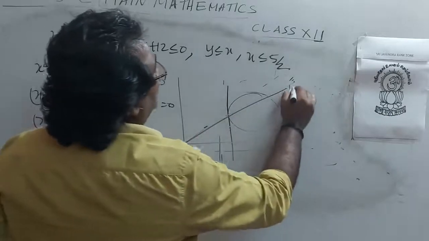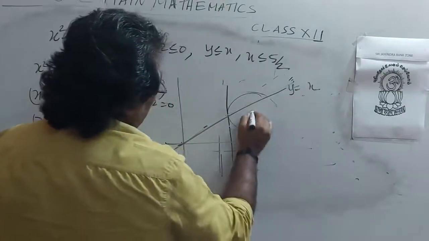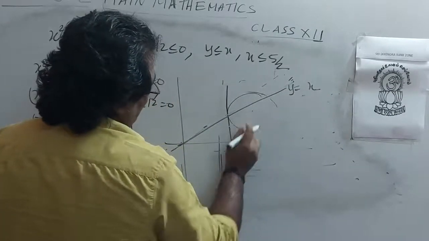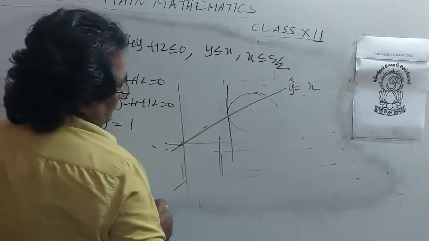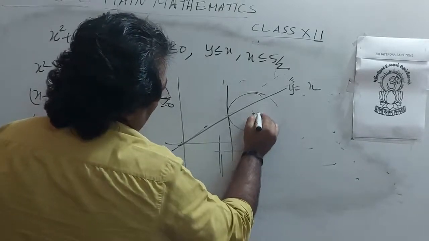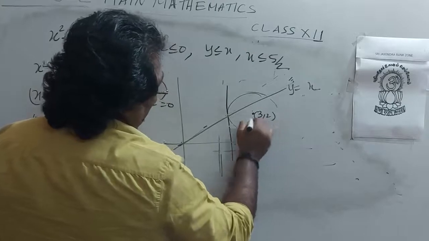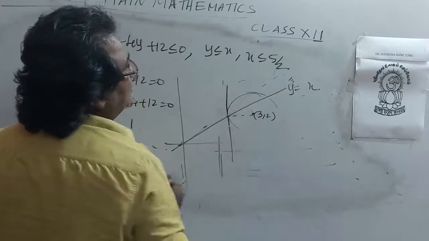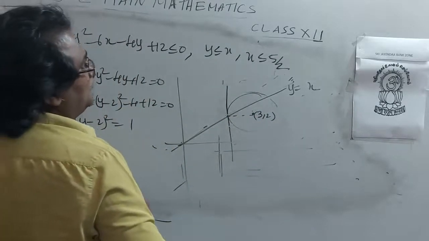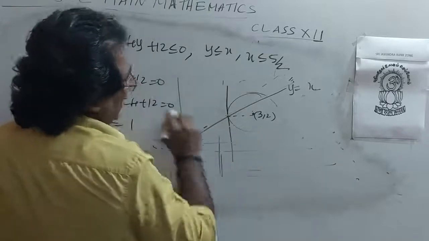This line is y equal to x. The center is 3 comma 2, and it's parallel with the x-axis at 2, so obviously y equal to x.